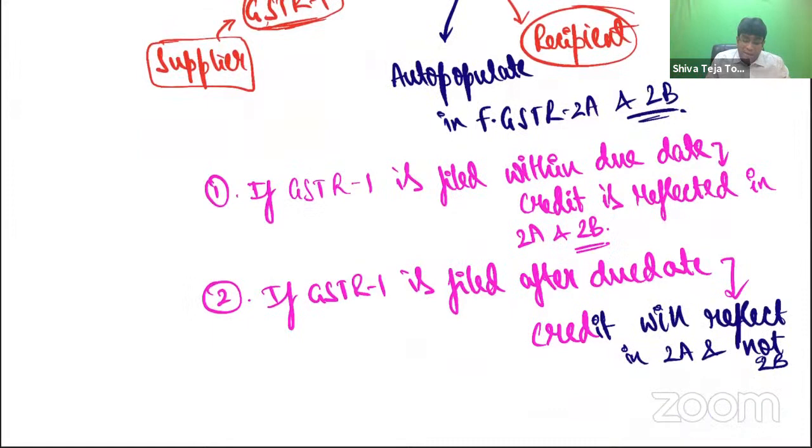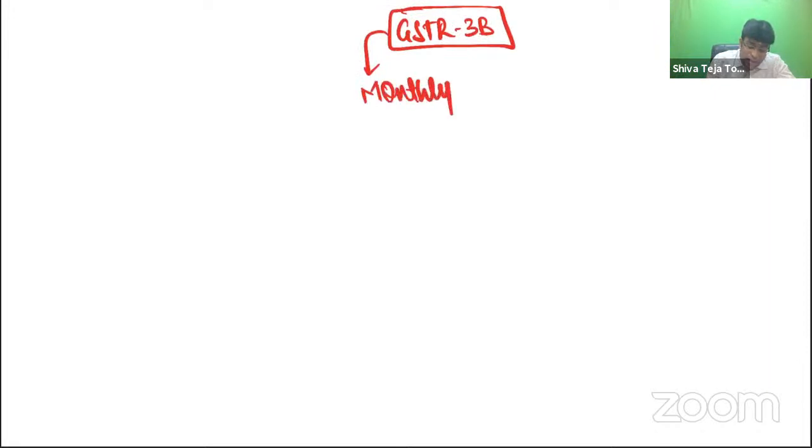Now, what is that importance for 2A and 2B? Let me tell you. Every month we file GSTR 3B, which is a monthly summary return. We call it a summary return because we do not show any invoice-wise details there.